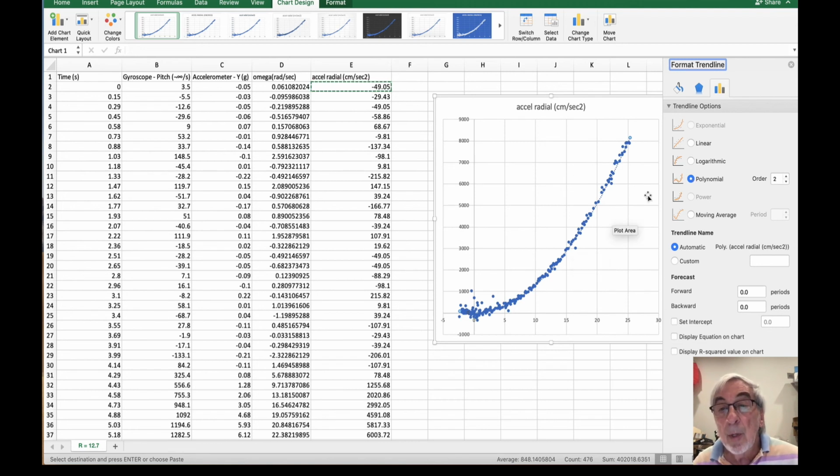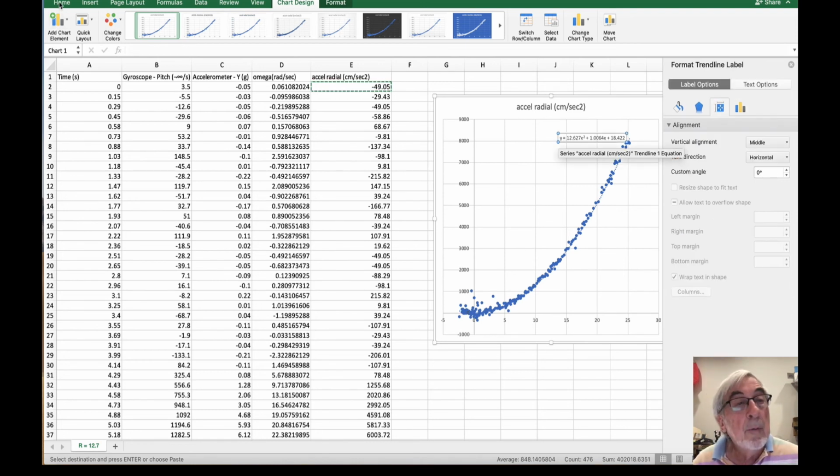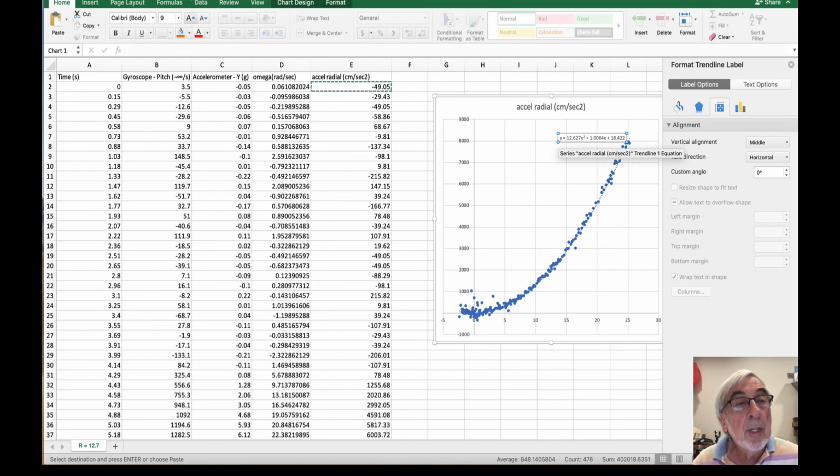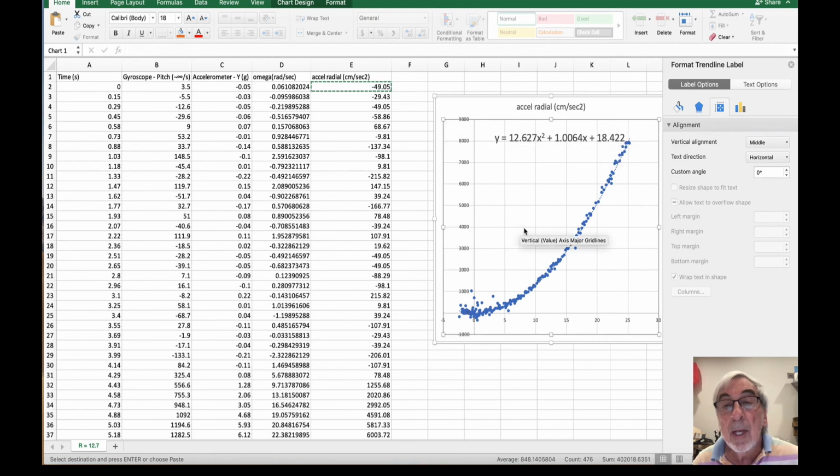Down here, second to the bottom, I want to display the equation for that fit, and I can just barely see it. So I'll click on that, come over here to home, and change the font size from 9 points to 18 points, and now I can see that.